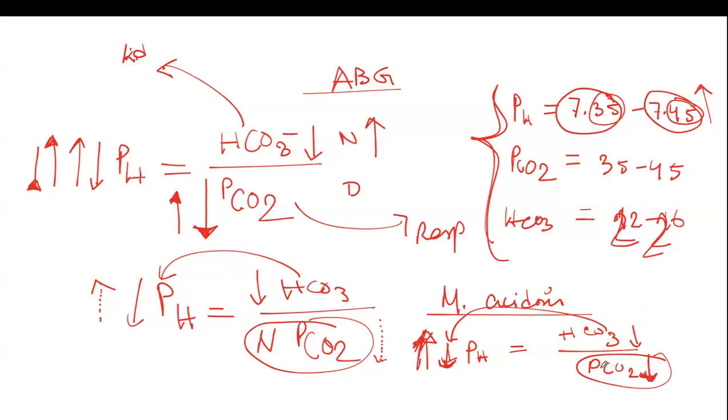So that's why it is respiratory compensation. Does it make sense, guys? Because if you understand this, you understand ABG. Okay, very good. So let's move on to the next one.